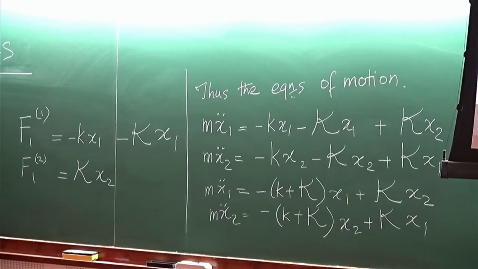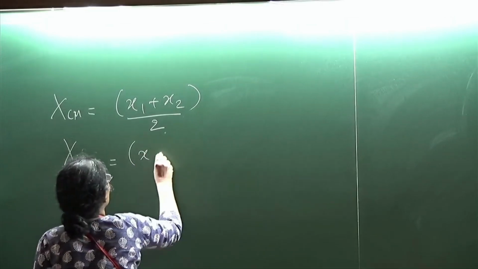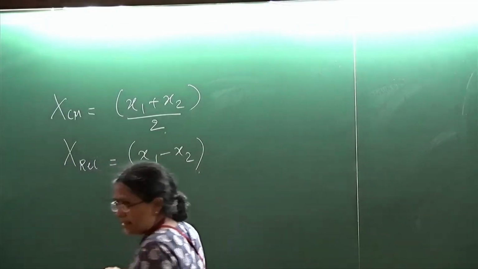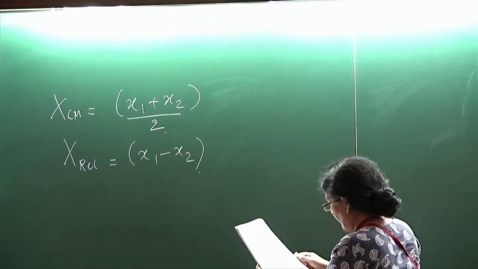So this is basically x1 plus x2 by 2 and a relative coordinate, which is x1 minus x2.